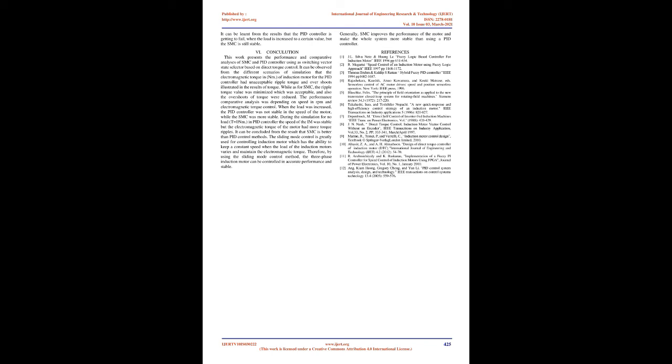The simulation results are shown in Fig 14. It can be learned that the measured speed using SMC is stable and accurate, while in the case of the PID controller, it is not a stable operation. It can be learned from the results that the PID controller begins to fail when the load is increased to a certain value, but the SMC is still stable.